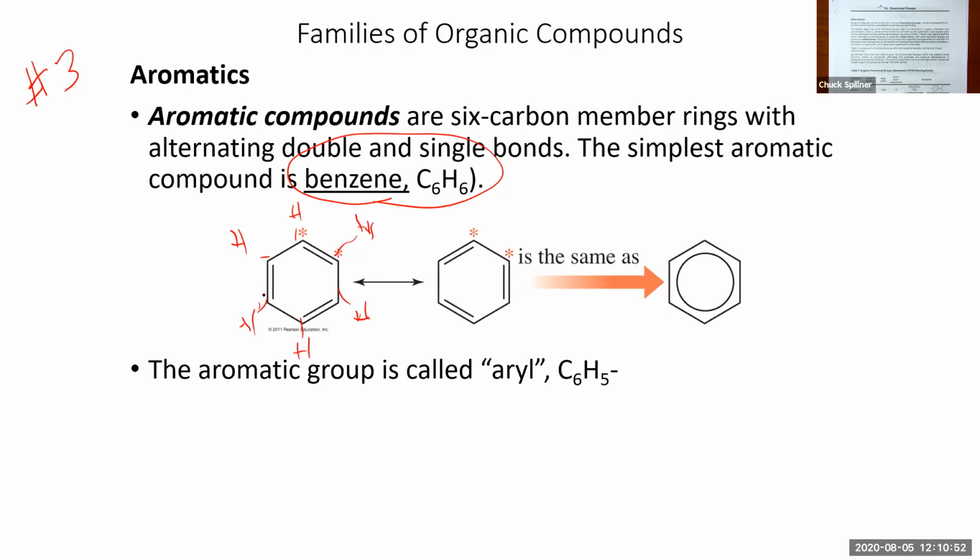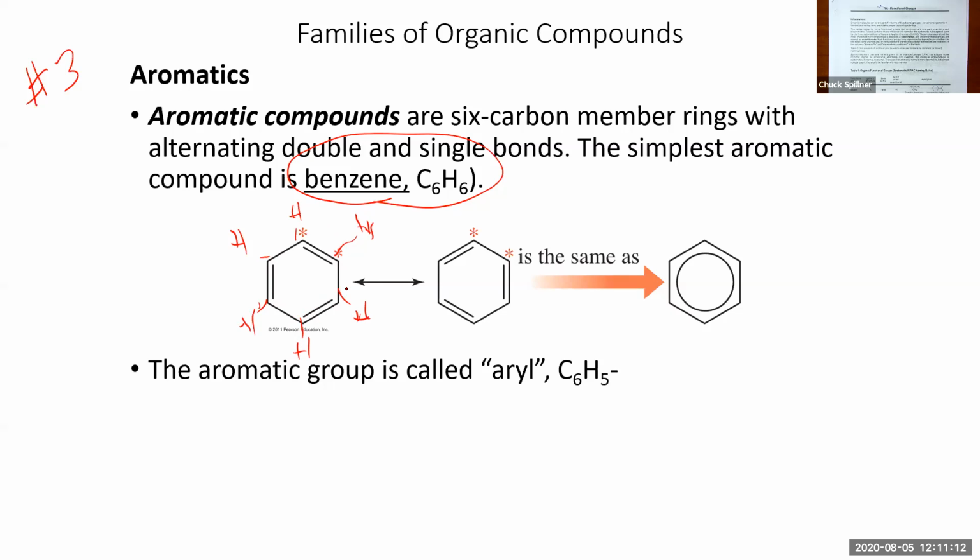You have alternating double bonds in a six-carbon ring. If you look at molecular orbital theory, each carbon in that ring is sp2, and that confers particular stability on the benzene ring.